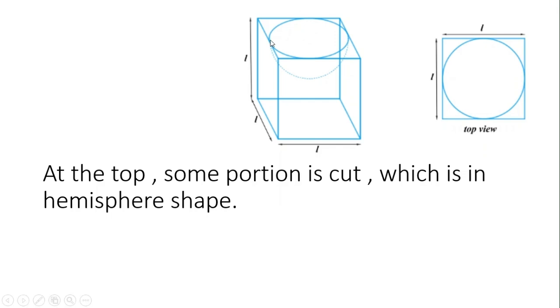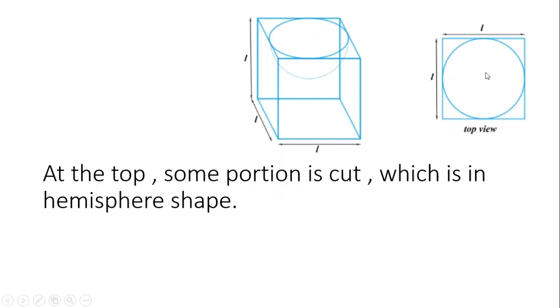In such a manner, if you observe, the diameter of that particular hemisphere is equal to the side of the cube. In that manner, if a hemisphere is cut out, we need to find the total area of that particular solid that is given.